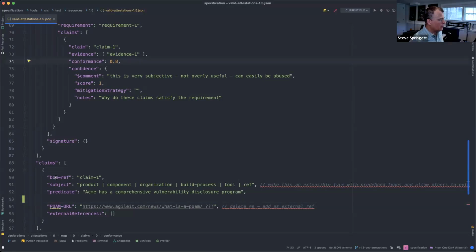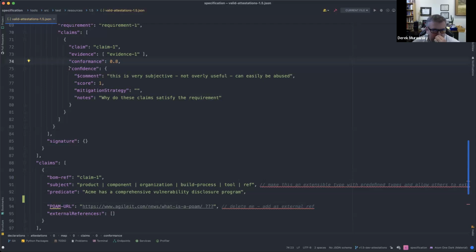I don't know how I can be conformant against something when I don't actually know what I'm conforming to. Confidence would be the better noun down there. Well, in one case you're conforming to the claim, and in the other case you're asking the question, do the claims add up to meet this requirement? Yeah. And I think maybe we should think about using a separate word for that.